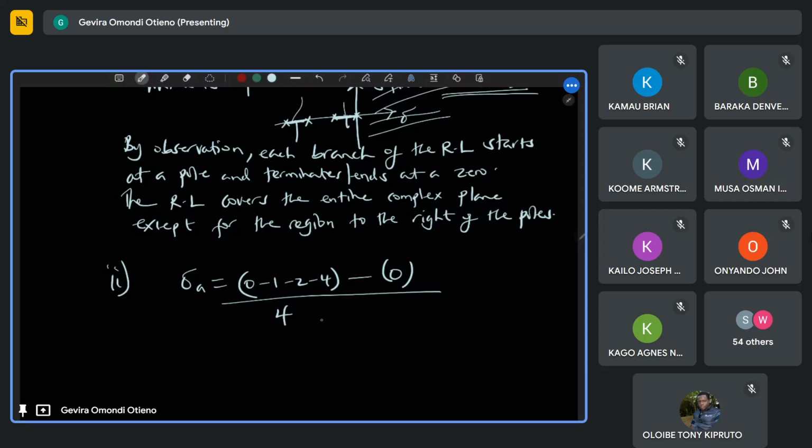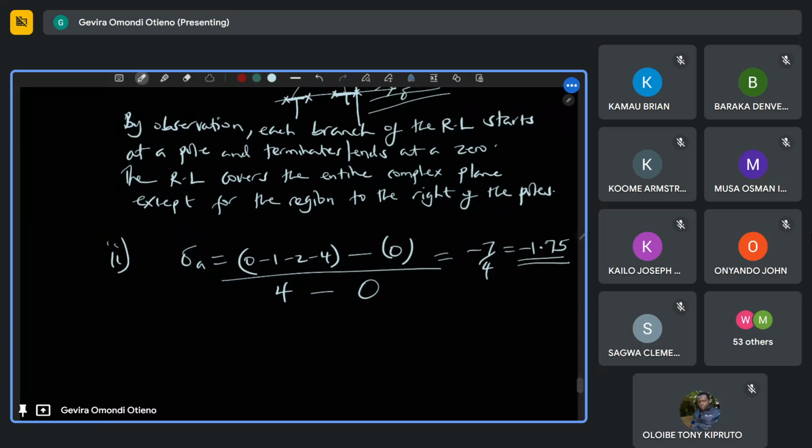Here we have 4 poles, and the number of finite zeros is 0. So this is minus 7 over 4, which is basically minus 1.75, hopefully. If I'm wrong, please let me know, because I'm doing this off head. So minus 1.75 is the centroid.